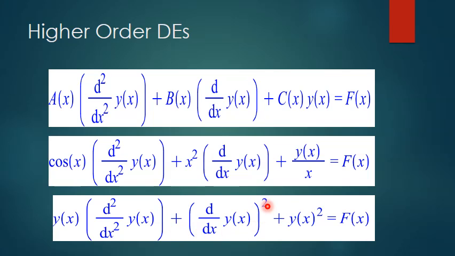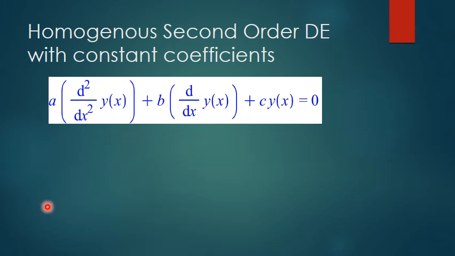There's a nonlinear term here for the first derivative, a nonlinear term here for the function y, and a nonlinear term over here that's y times the second derivative. This makes it a nonlinear higher order differential equation. Now we can go higher than a second derivative, but mostly the ones you're going to solve are just second order differential equations.